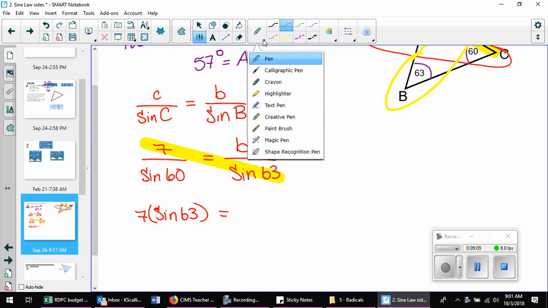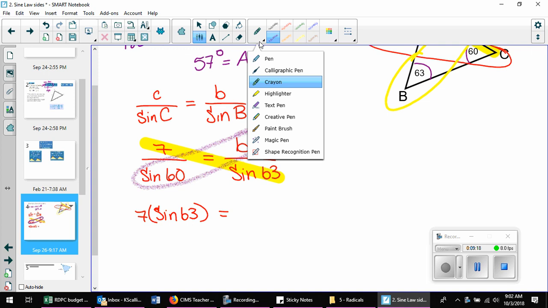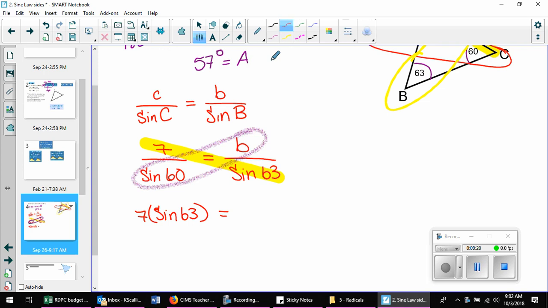Then I'm going to multiply those two, so that's going to give me B times sine of 60.